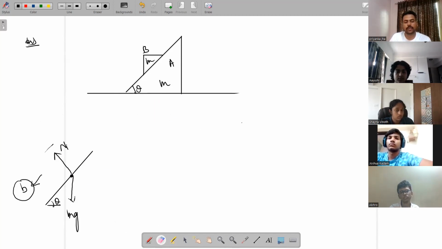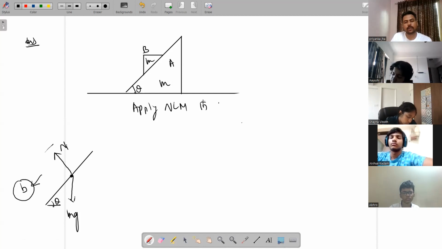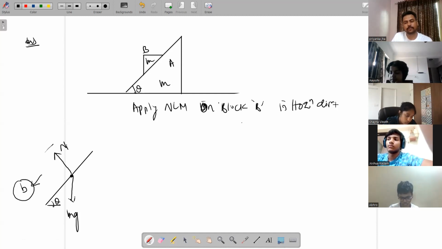Now for block B, suppose we apply Newton's law of motion on block B in the horizontal direction. See, we are asked to apply Newton's law of motion in the horizontal direction. So we have to break all the forces into horizontal and vertical components, right?